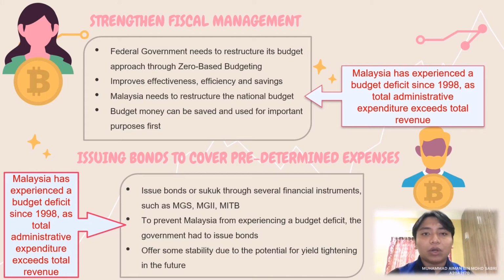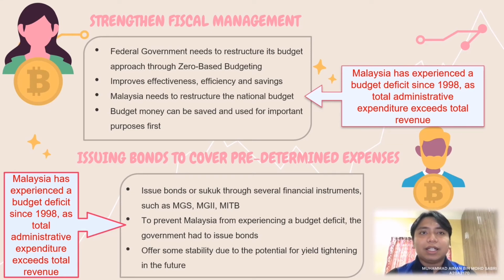The second way to overcome the twin deficit problem is issuing bonds to cover predetermined expenses. The government will issue bonds or sukuk through several financial instruments such as MGS, MGII and MITB.